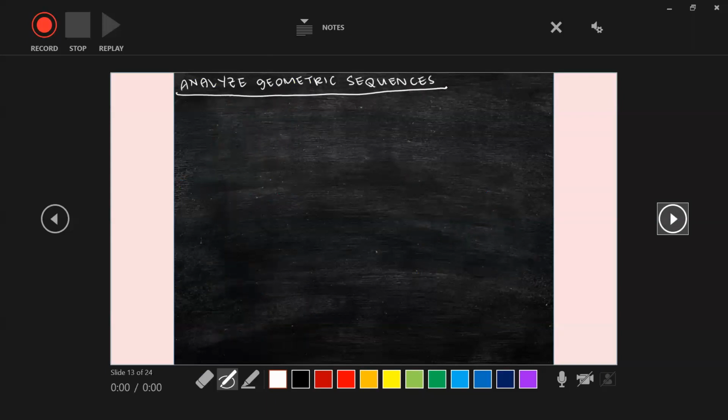It'll ask you a question and it'll say, what is the 10th term of a geometric sequence?